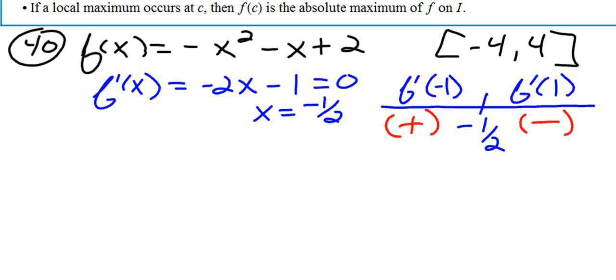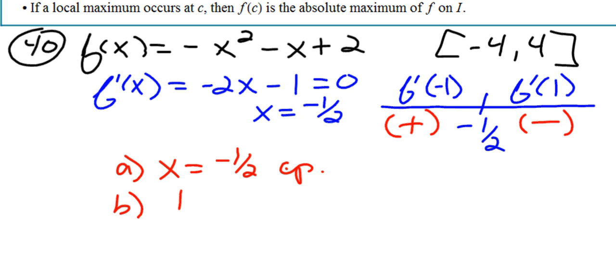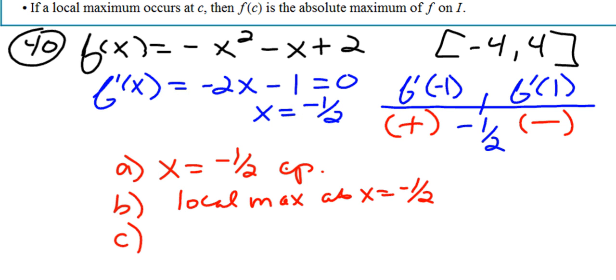But if I have it said I want to find what my critical points are, and then I want to go ahead and see if it's a local max or min. And it does show from the sign change we have a local max at x equals negative 1/2.